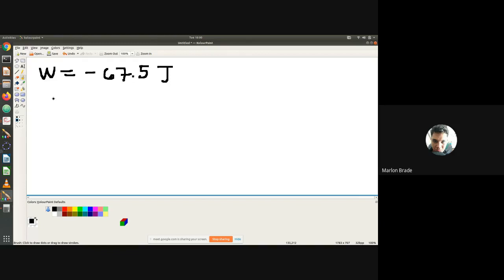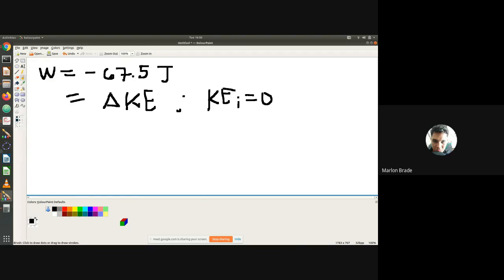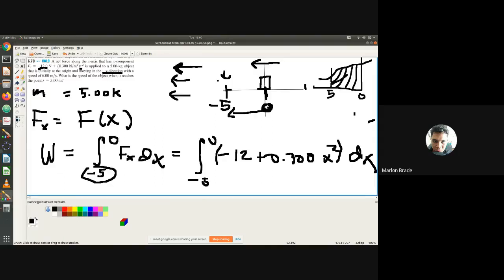So, this is equals to the change in kinetic energy, right? But the initial kinetic energy, notice na ang initial kinetic energy is actually equal to 0. Anong nakaingon mo kung 0 ang initial kinetic energy? It's because kaya ang giingon sa problem, initially at the origin. Ang initial speed niya kay 6.00.